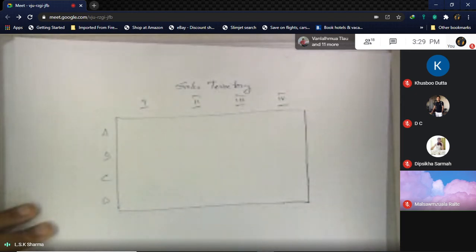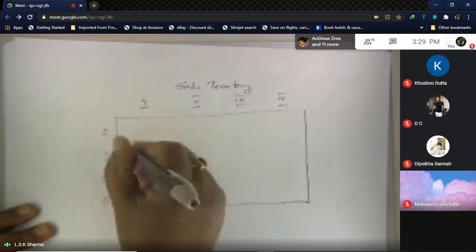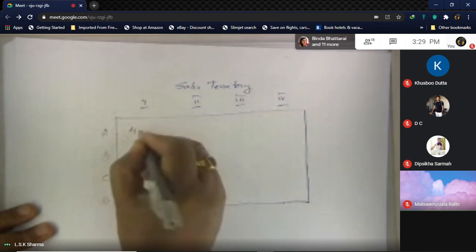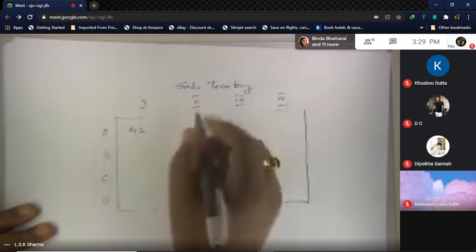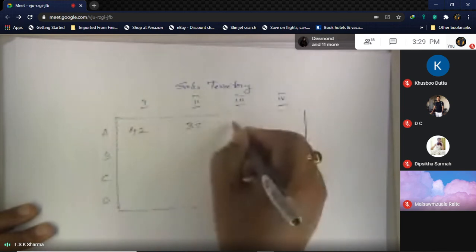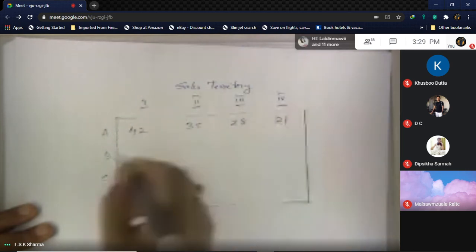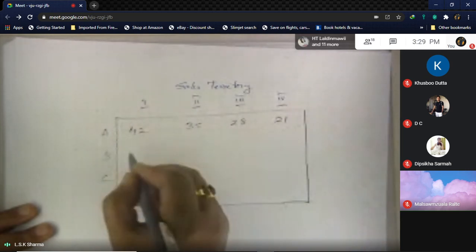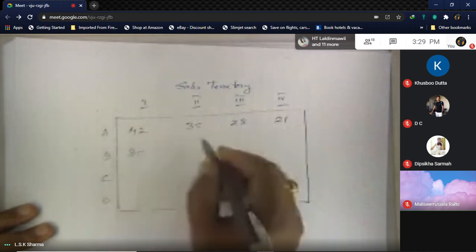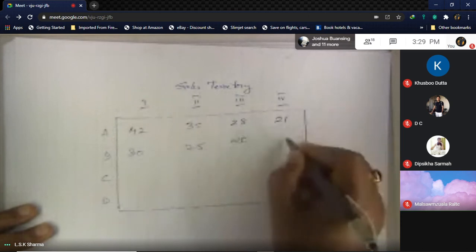Each salesman can bring a certain amount of money. For example, salesman A, if he works in territory 1, can bring about 42,000. In 2, he can bring about 35,000. In 3, 28,000. And in 4, 21,000. Similarly, salesman B can bring about 30,000, 25,000, 20,000, and 15,000.